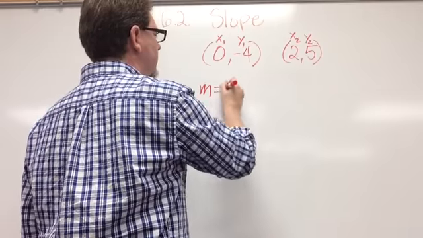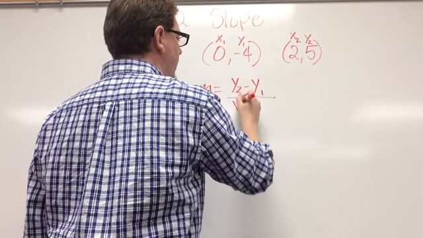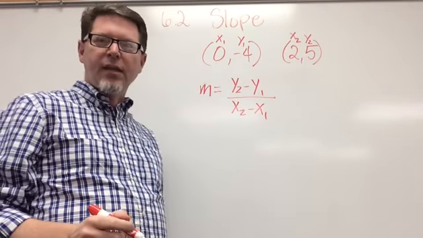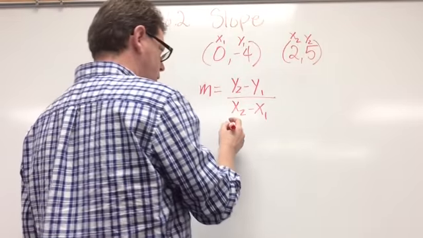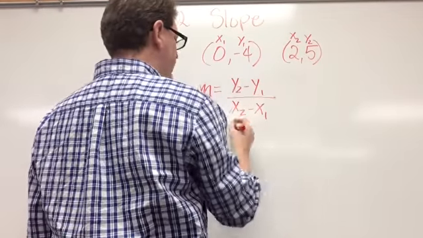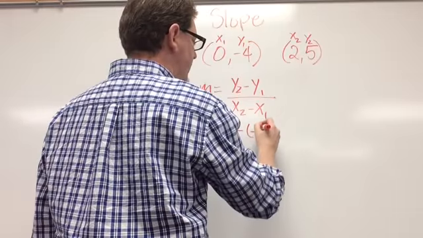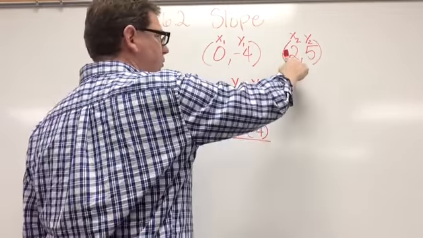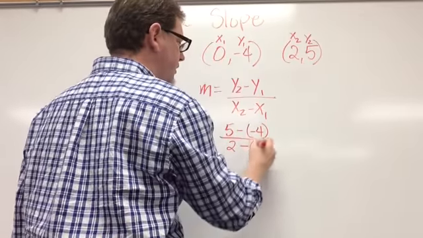M equals y2 minus y1 over x2 minus x1. So now let's plug in. m equals y2 is 5 minus y1 is -4 over x2 is 2 minus x1 is 0.